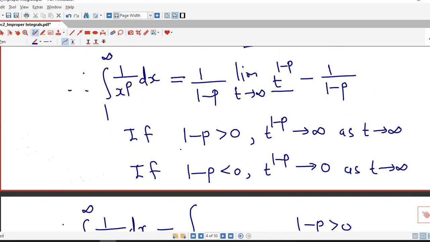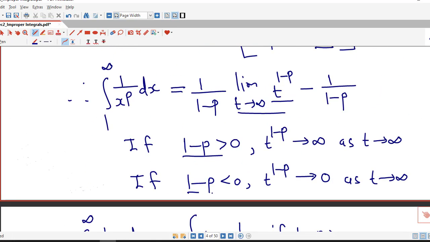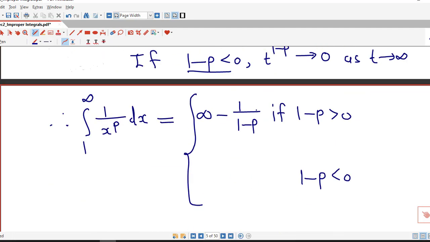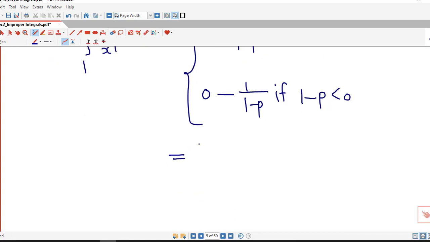If 1 minus p is positive, this limit is infinite, so we have infinity minus 1 over 1 minus p, which is infinity. If 1 minus p is negative, this limit is 0, so we have 0 minus 1 over 1 minus p.